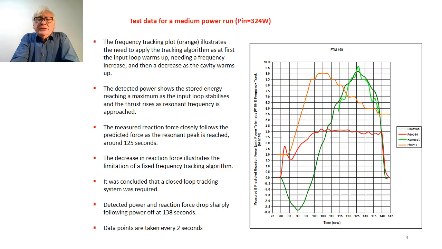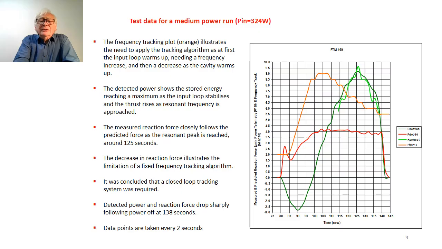The orange line is the interesting one in that it shows the manually applied frequency tracking algorithm. When we talked about this before, you saw that you needed to first put in a frequency offset. You then need to increase that frequency fairly rapidly.